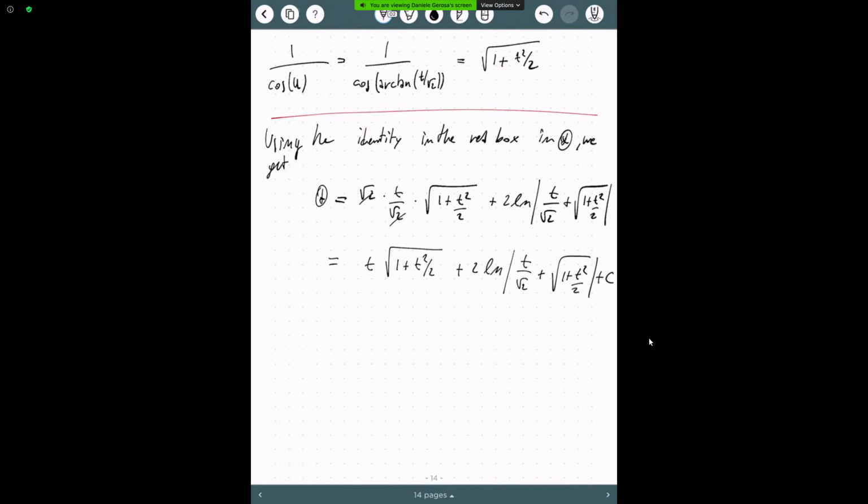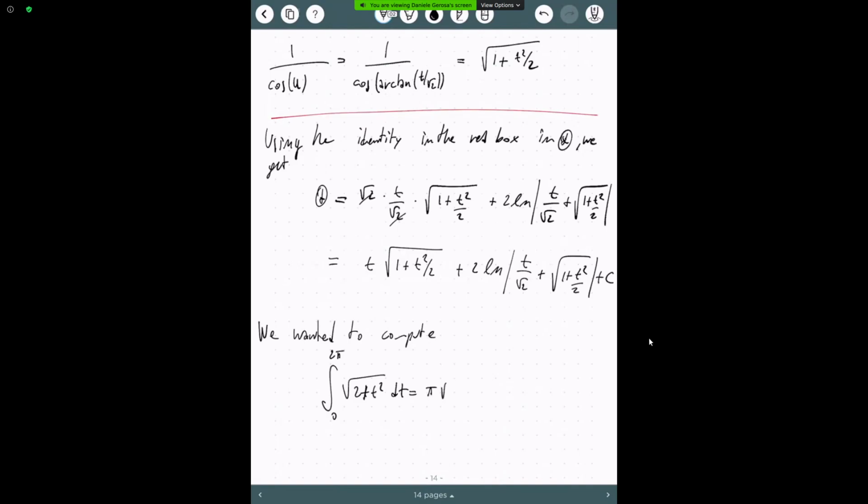So, in conclusion, we wanted to compute the integral of this function. And now we have computed a primitive, or an antiderivative, so you just use that information.